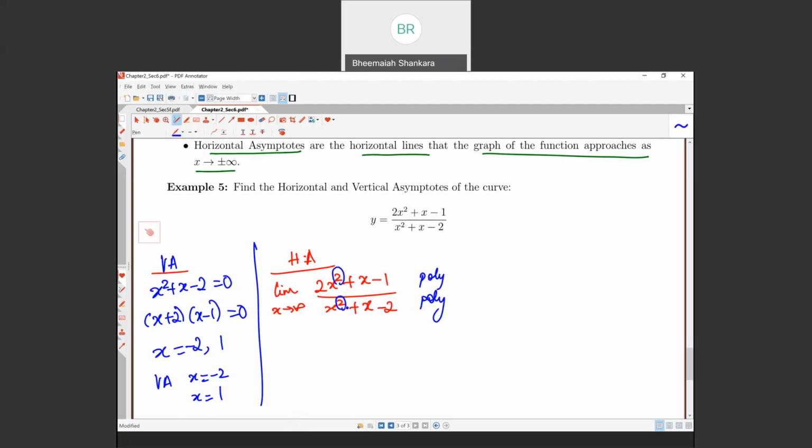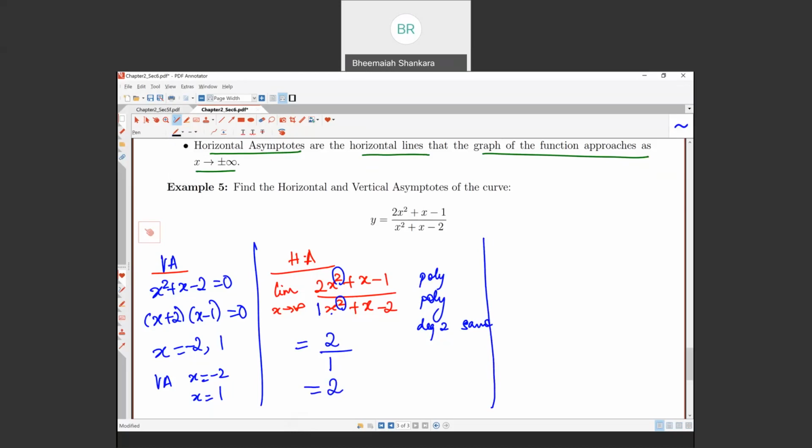The degree in the numerator and the denominator are the same. So when the degrees are the same, you write the coefficient, which is 2 in the numerator, the coefficient of x squared, which is 1 in the denominator, and your answer is 2. You can do this trick only if the degree in the numerator and the degree in the denominator are the same. If they are not the same, we cannot do this.